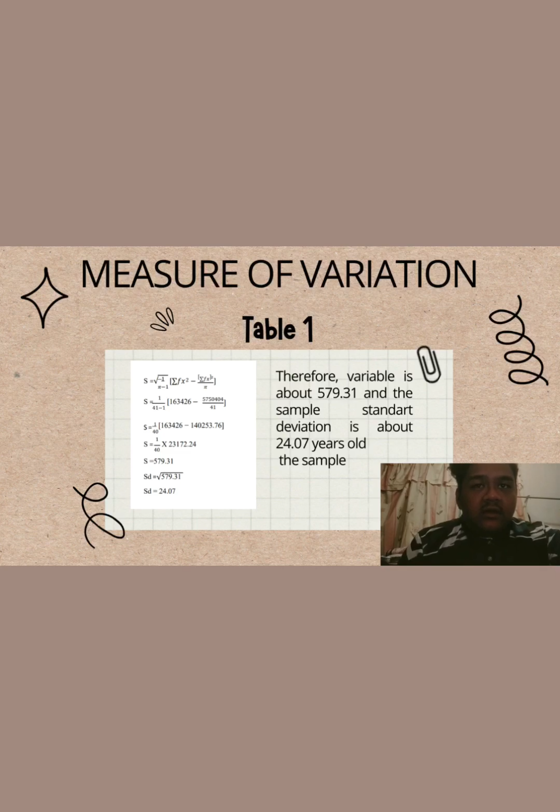Next is measure of variation for each table. For table 1, we use this formula to calculate the sample variance, which is 579.31, and then take the square root of the sample variance to get the standard deviation, which is 24.07.